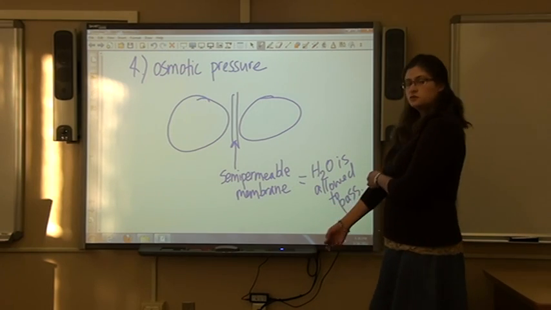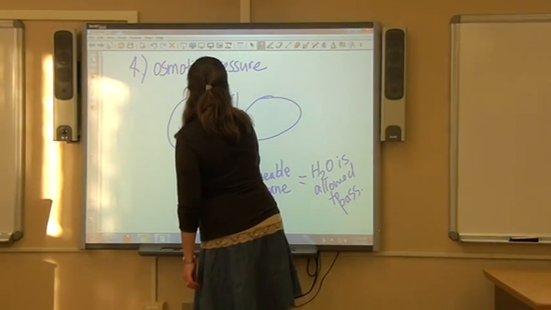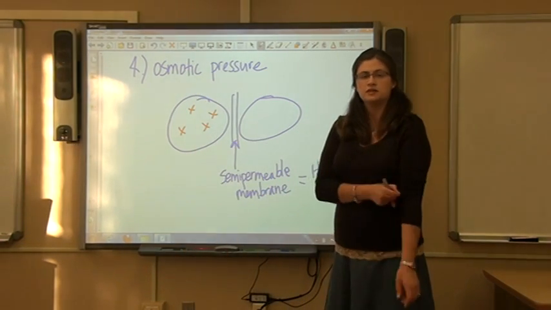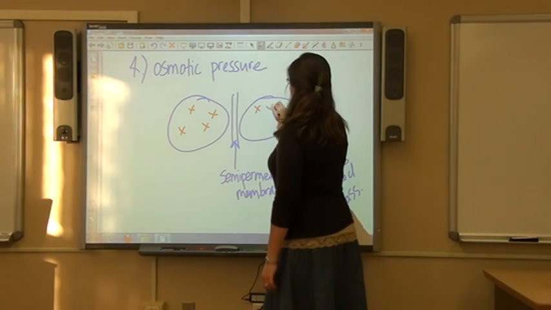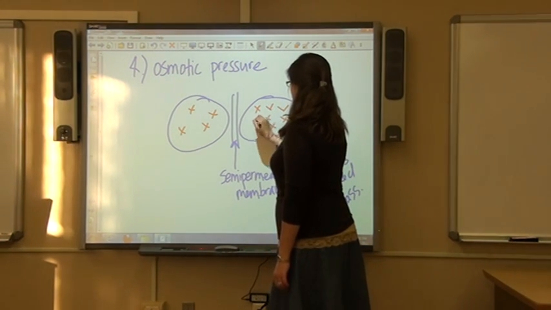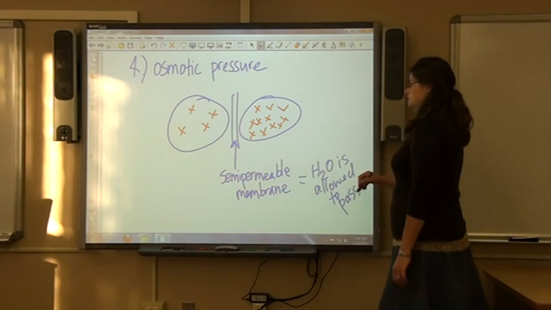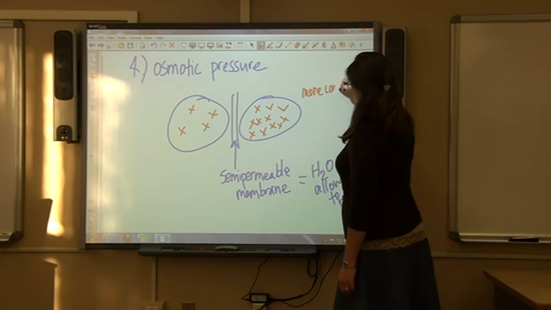Okay, so if you separate two solutions, I'm going to put 4 X's. Every X means one little solute particle. And here I'm going to put a lot of solute. So this side is the more concentrated side.